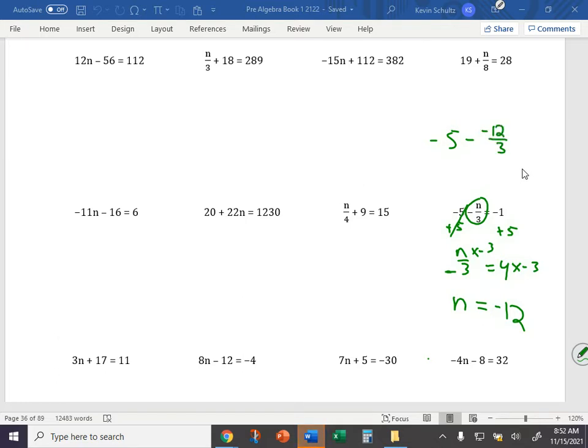It's kind of an order of operations and a science nightmare here, but we're going to start by doing -12 divided by 3, which is a -4, and -5 minus -4, or -5 plus 4, is -1. So it does check out.